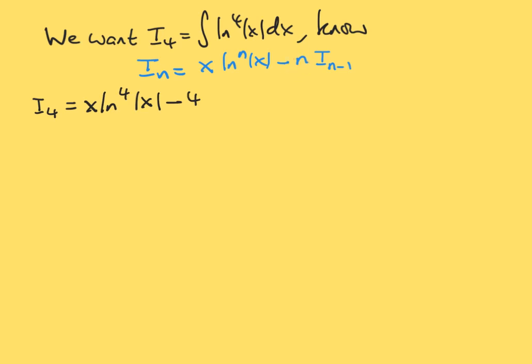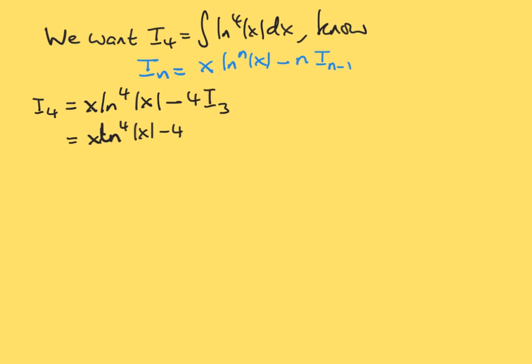to, times I3. And now we're going to use this equation again, but with n equal to 3. So let's try and do this carefully. We're just going to end up rewriting things repeatedly, but it makes life a lot easier. So this is x log to the power of 4 of x minus 4, and that minus 4 is going to multiply I3.